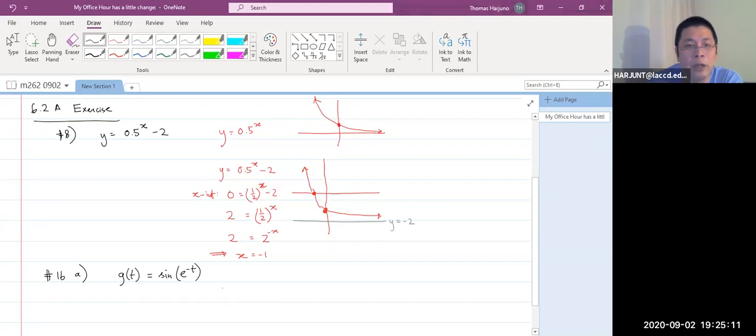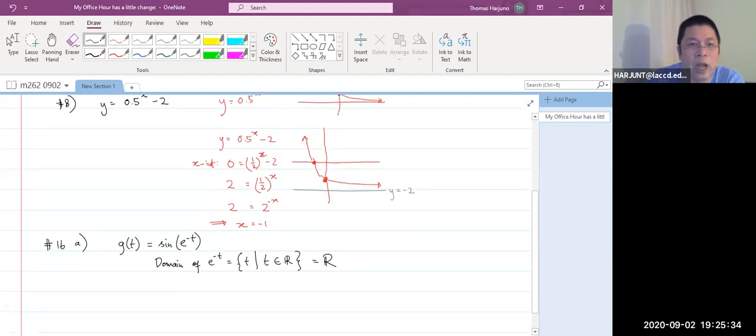Well, the domain of e to the -t is all real numbers, where t is all real numbers. So I can just say the domain is all real numbers. And sine is continuous everywhere anyway, so the domain of sine of g(t) therefore will be all real numbers anyway.